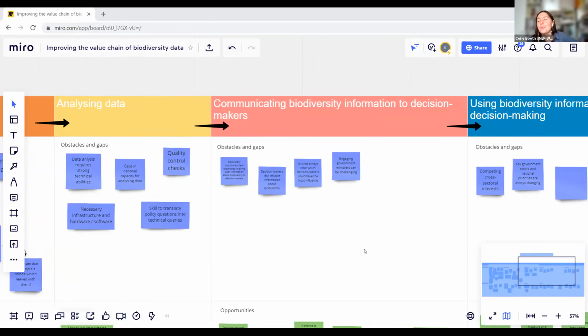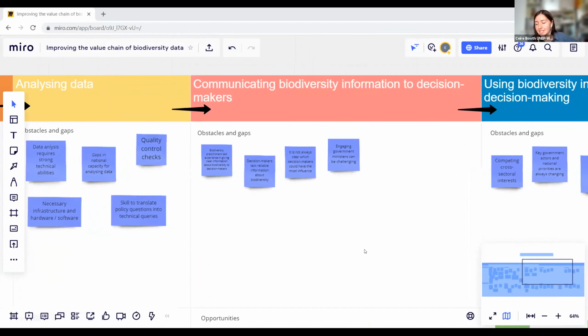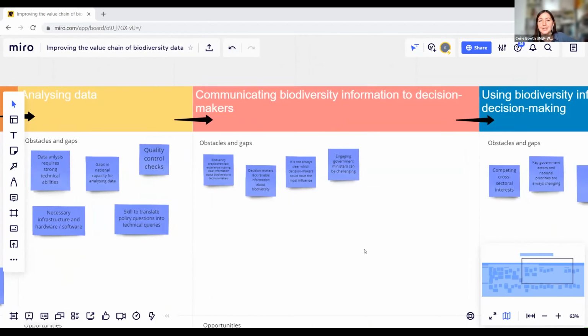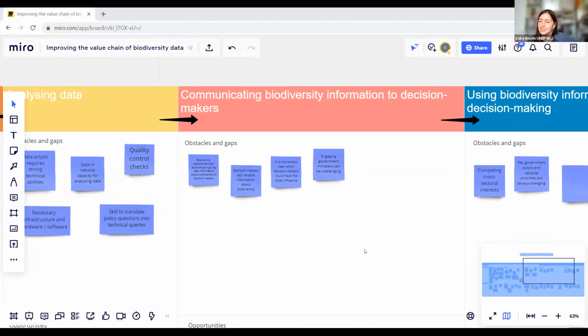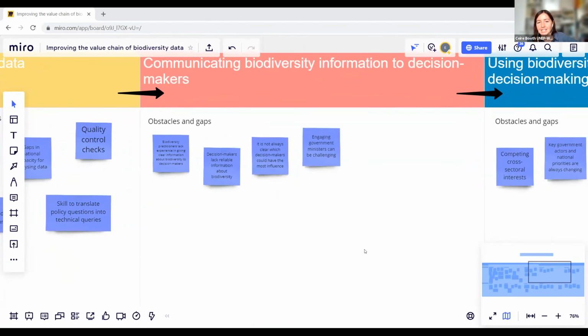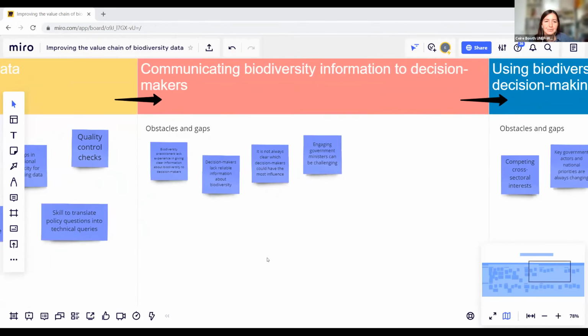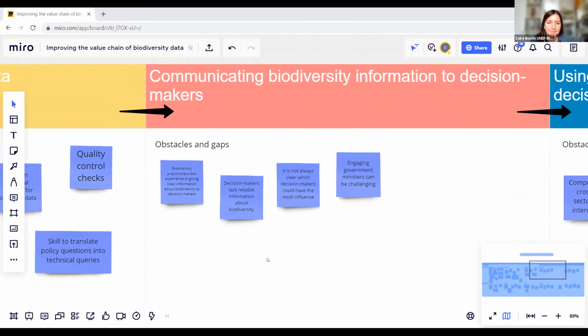There's no formula for getting it right, that's for certain. And it's often a challenge that just requires constant effort and constant input, particularly when decision makers are often changing, and national policies and circumstances are always changing. So this really is a challenging stage of the data value chain. So let's see what obstacles and gaps we've got under here.